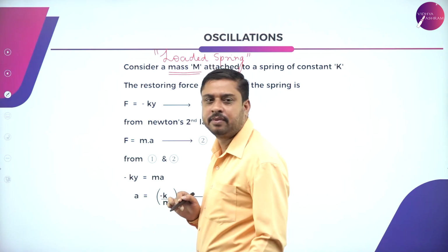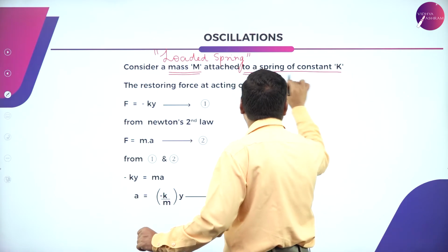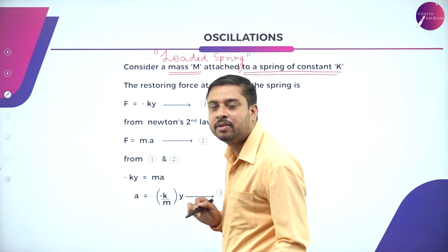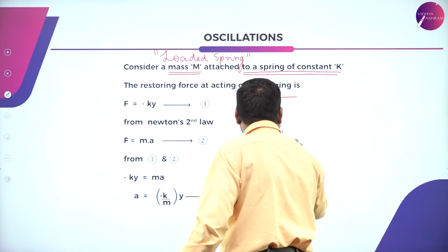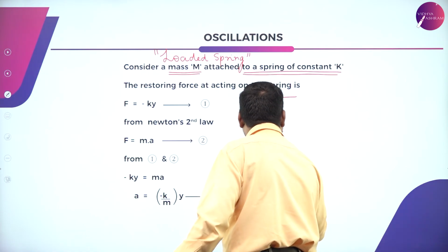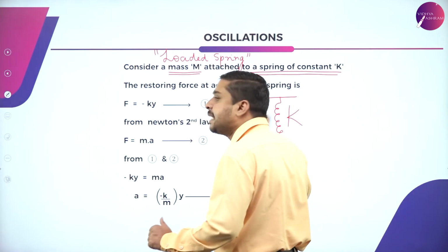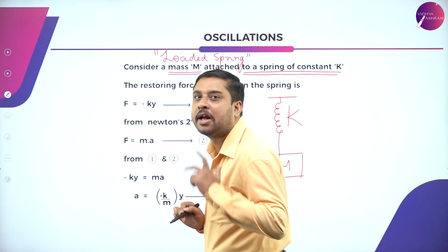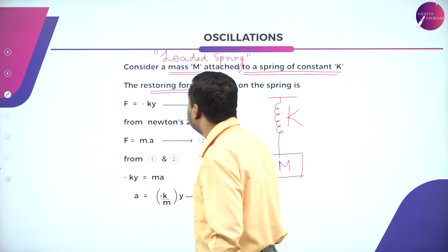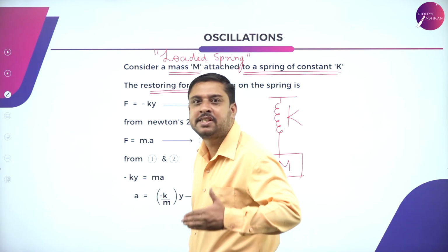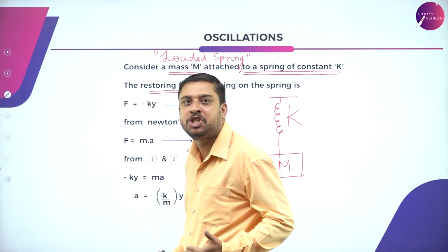So I'll consider a mass m which is attached to a spring of spring constant k. So this is the spring. I have attached a mass m to this spring and k is its spring constant. The restoring force is the force which brings the spring back to its initial position.